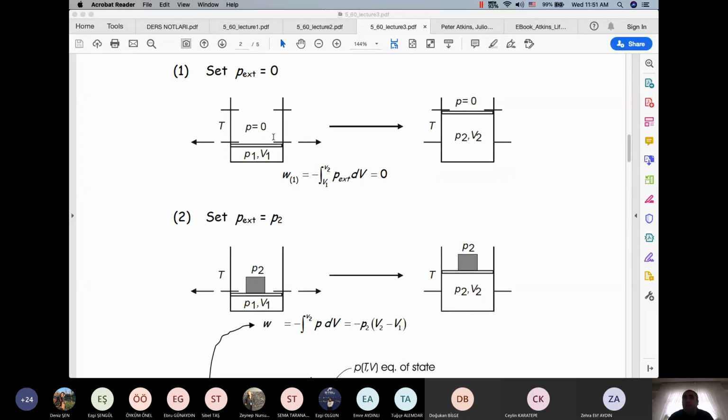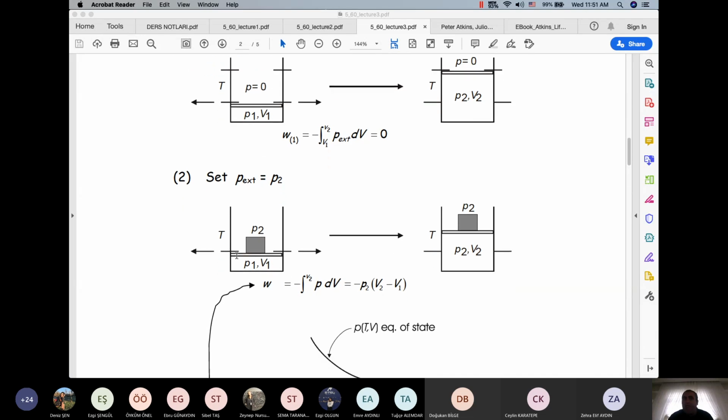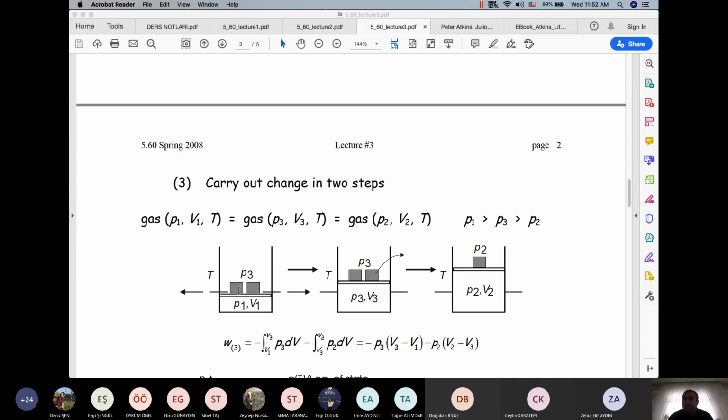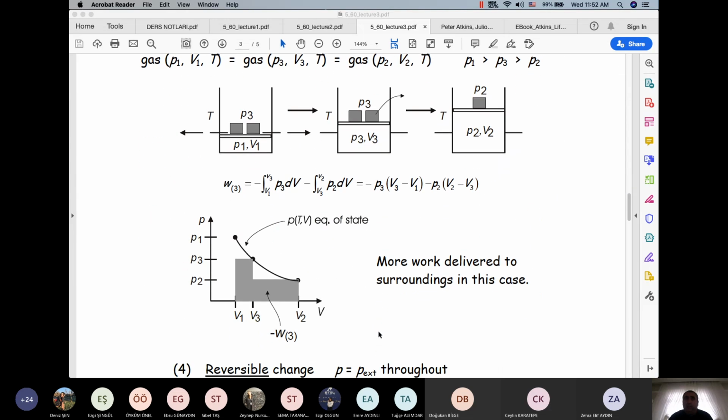Interestingly, when I have the pressure 0 over here, okay, I get no work. If I have some pressure over here, I get some work. But if I have 2 steps, I get even more work. Okay, let's look at this graph. It's even better to show. So I'm going from here to here.